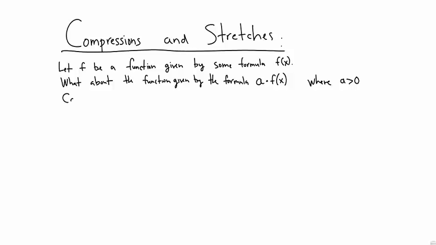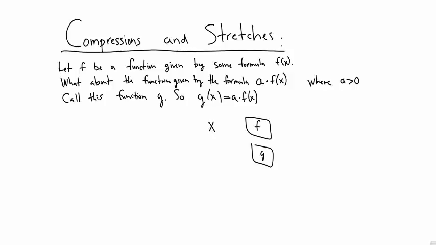Let's call this function g. So g has the formula g of x equals a times f of x. We can see them this way. Here's our function f. Here's our function g. And what happens to the input x?